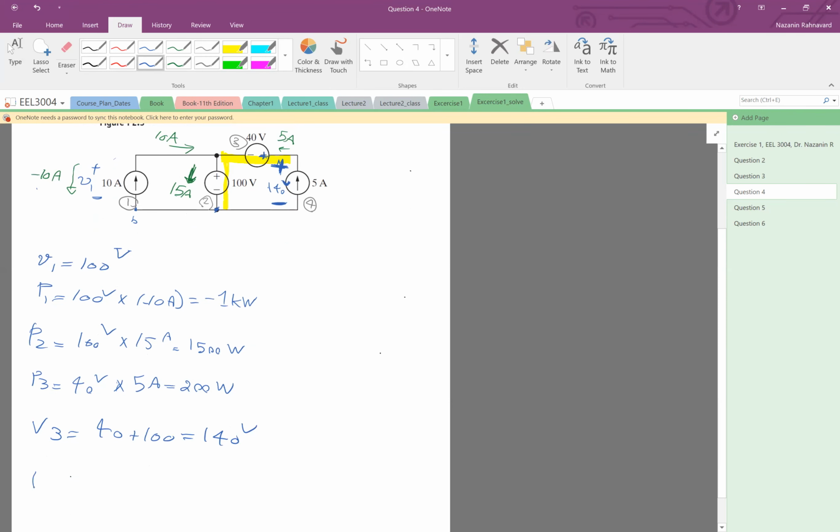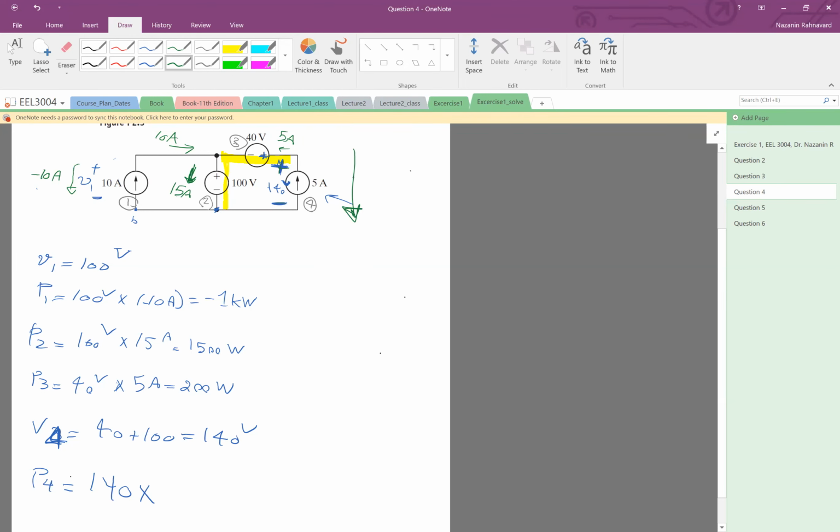And this is V4. So V4, we're talking about this fourth element, is 140 volts, and P4 is the voltage, which is 140, times the current. This is again very, very important: the current that is going this way because of the plus and minus sign.